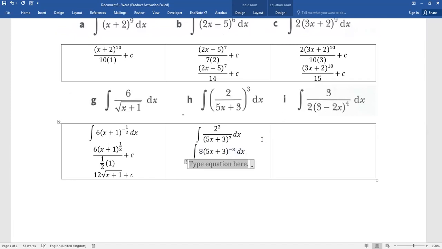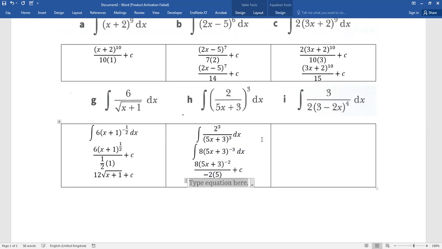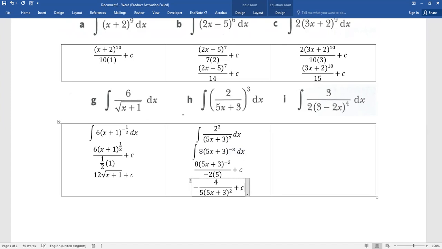And now we'll integrate it. 8 into 5x plus 3 to the power negative 2, divided by the increased power and by the derivative, plus c. So what do I get? Minus 4 upon 5 into 5x plus 3 squared, plus c. Do you understand the simplification that I did after integrating it?